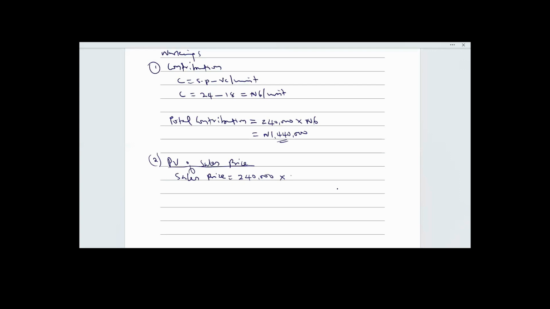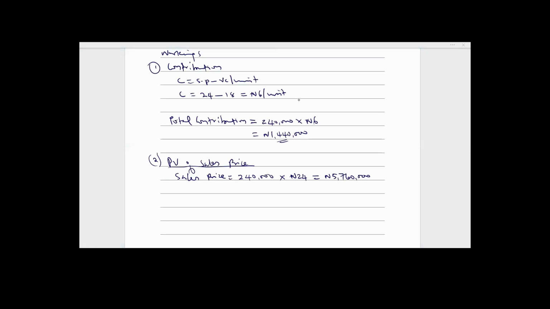The selling price per unit is 24 naira. Therefore, what do you get? 240,000 units multiplied by 24 naira is 5,760,000. That's the sales value.